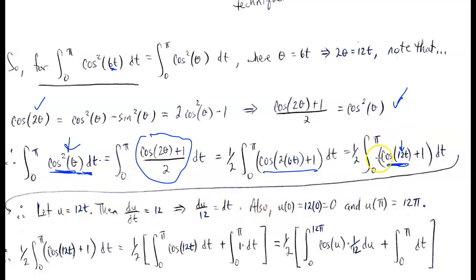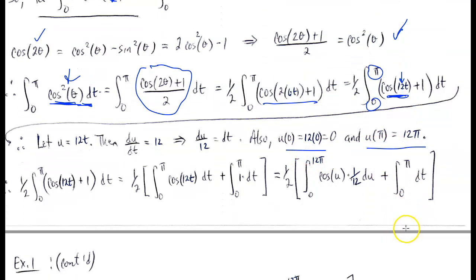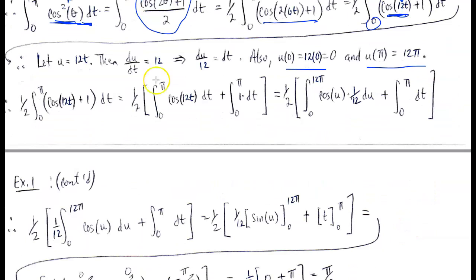And since we're dealing with a definite integral, I'll also go ahead and rewrite my limits of integration from being in terms of t to being in terms of u. So that's what this step and this step is all about. So once we're there, then we take what we have in terms of t and do some splitting of the integrals here.